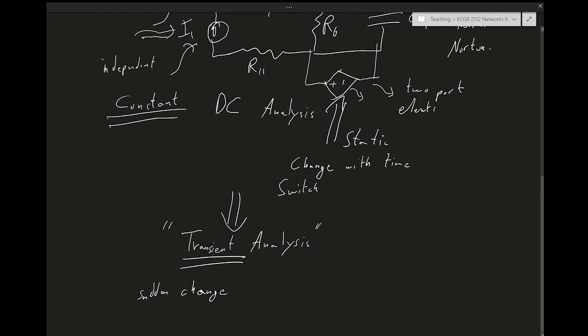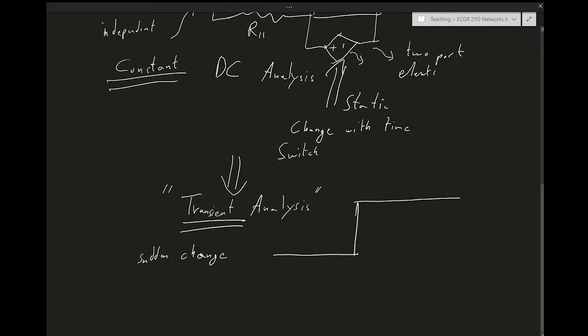Some voltage suddenly changes. Some switch suddenly throws. Some resistor suddenly changes from one value to the other. Everything is stable and static, then you have a sudden change, and then things remain static. So after the sudden change, you will have a transient region where things will be moving around until things reach steady state again.